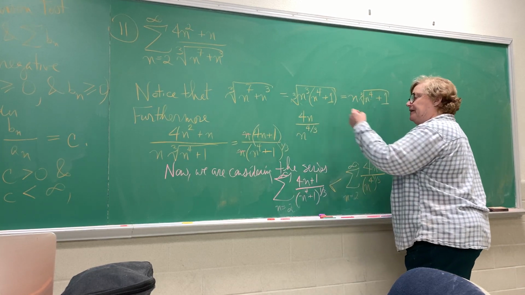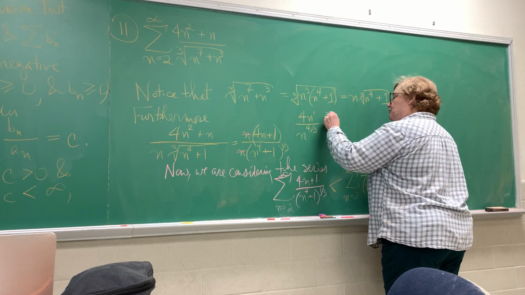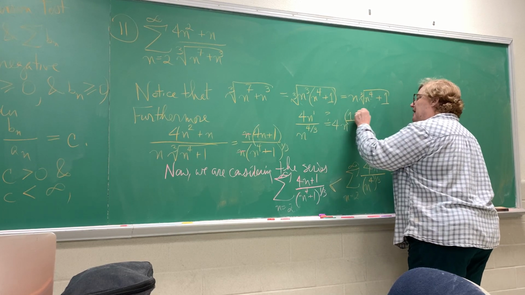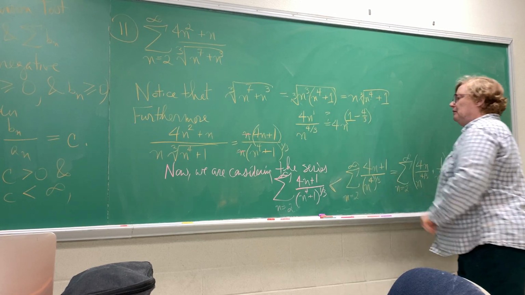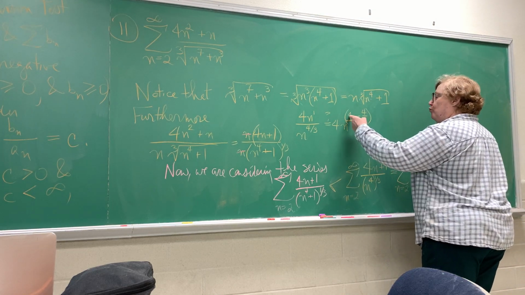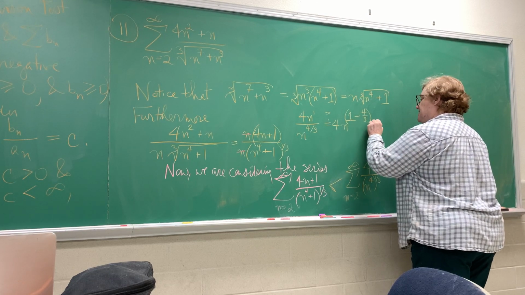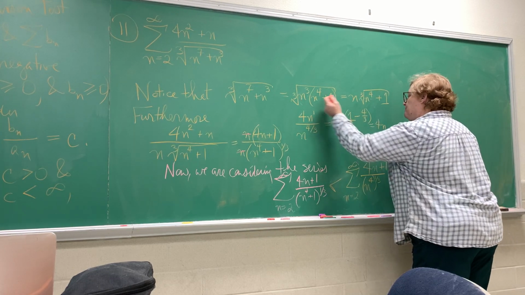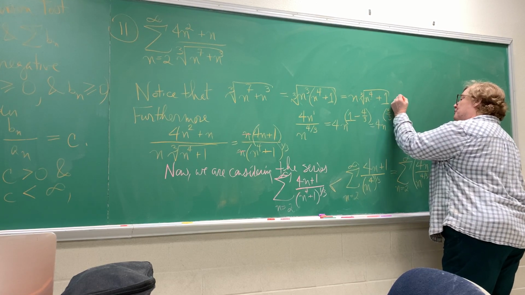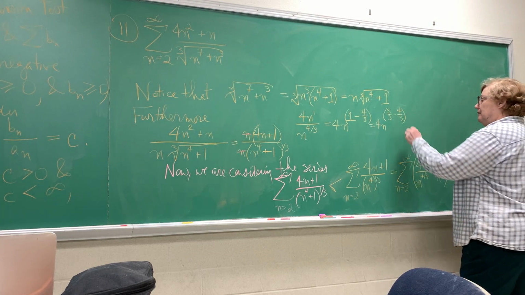What's the exponent on n if no exponent is written? 1. So is this equal to n to the 1 minus 4/3? Yes, just using rules of exponents. And 1, that's 3 over 3. So this is 3 over 3 minus 4 over 3, which is negative 1 over 3.